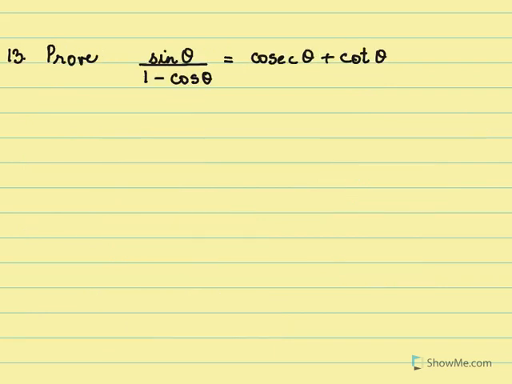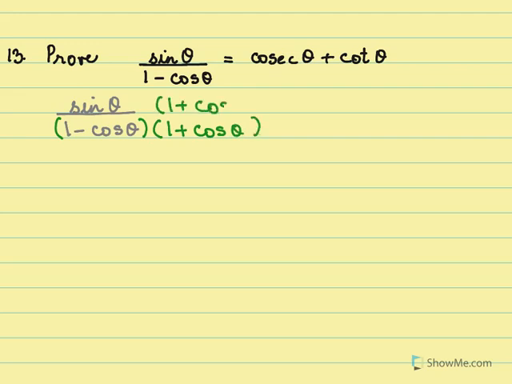Now for the 13th one, again we need to prove the left hand side equal to the right hand side. So let's write down the left hand side. It is sine theta over 1 minus cos theta. Can you guess what you should do for this? For 1 minus cos theta, I'm going to multiply it by 1 plus cos theta, in the numerator and denominator too. So in your statements, write multiplying numerator and denominator by 1 plus cos theta.